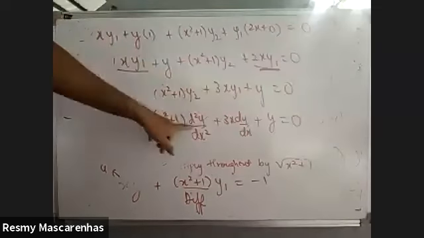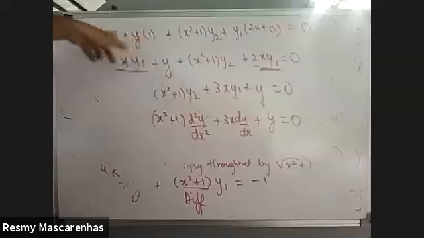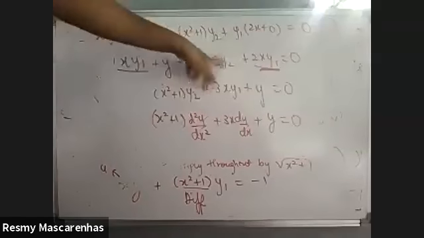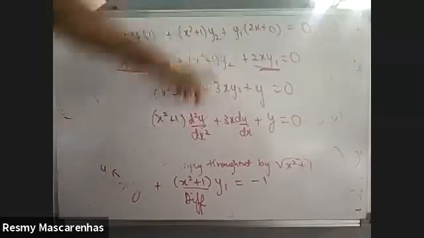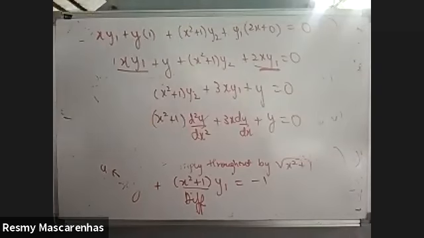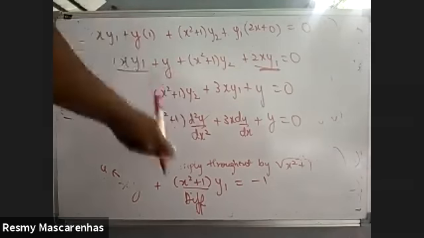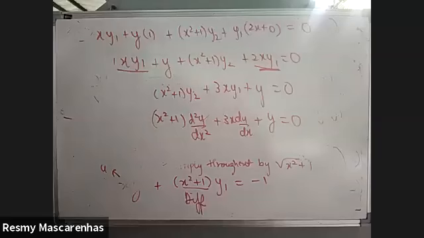I follow this why, because it becomes difficult to write every time dy by dx, d square y upon dx square. So this becomes easier. If you all want to follow like this throughout, no problem, you can. Whichever way you are comfortable.